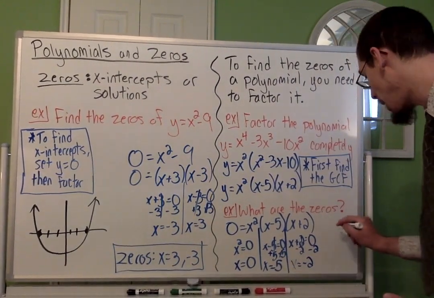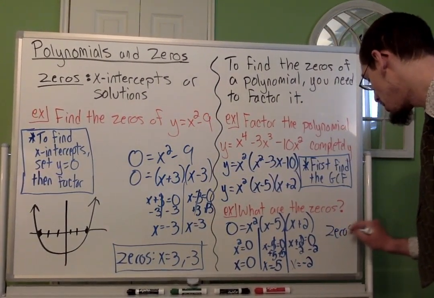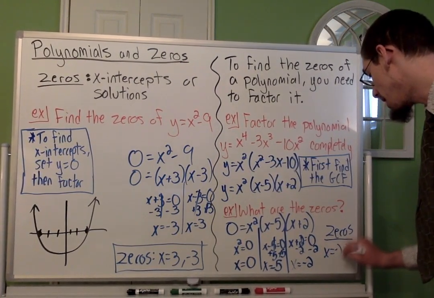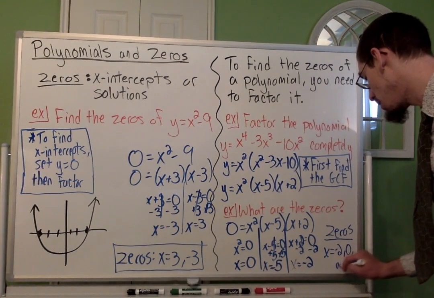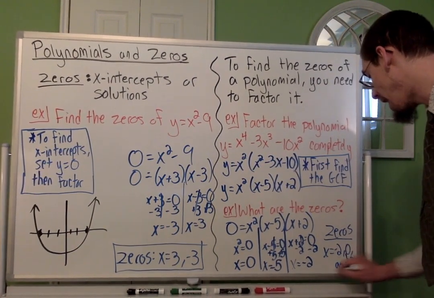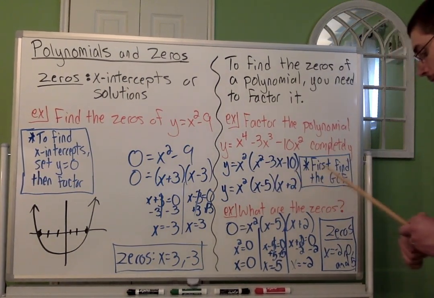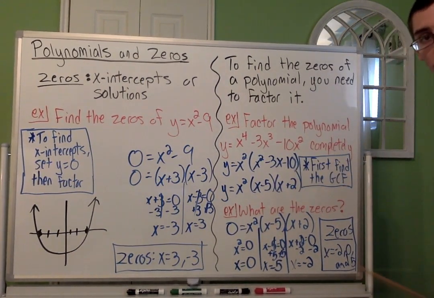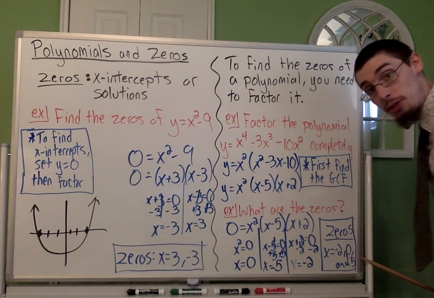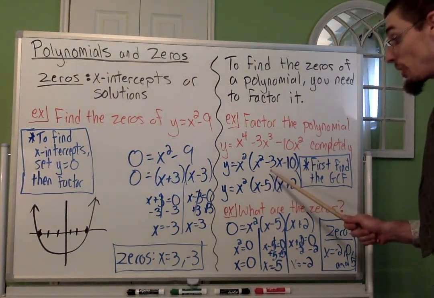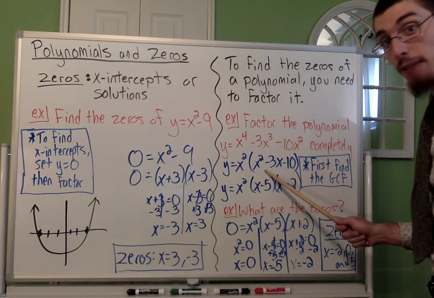So, for this problem, the zeros are negative 2, 0, and 5. So we start by factoring out the GCF.